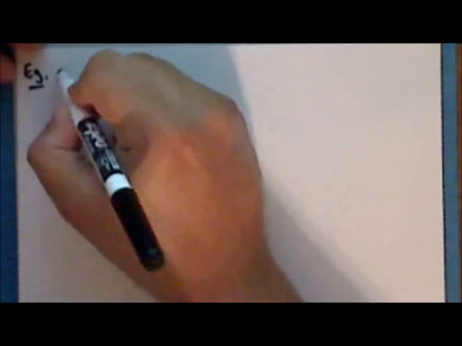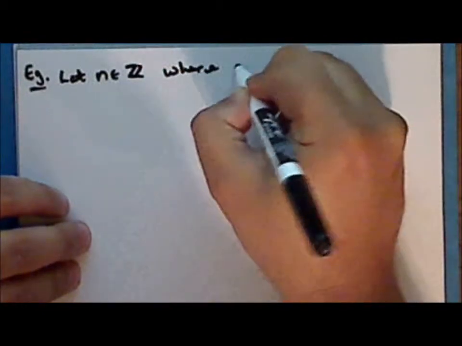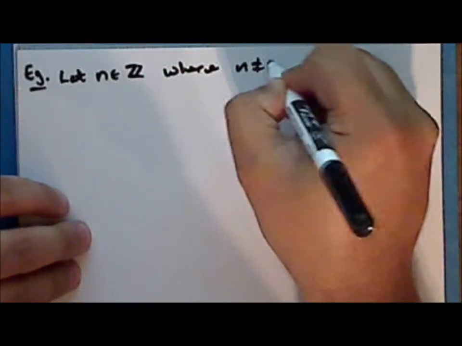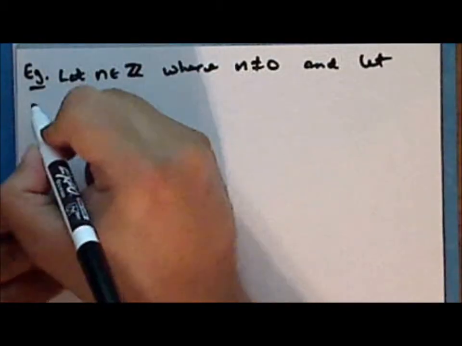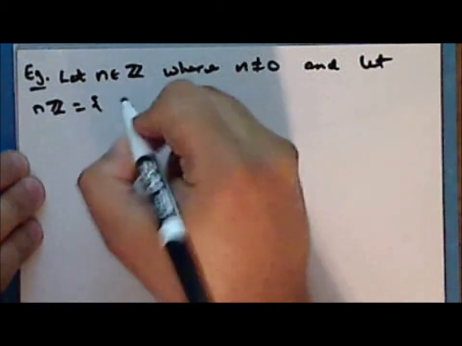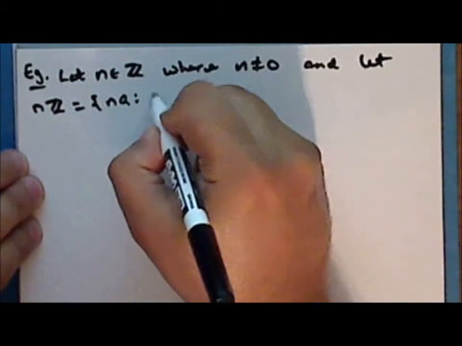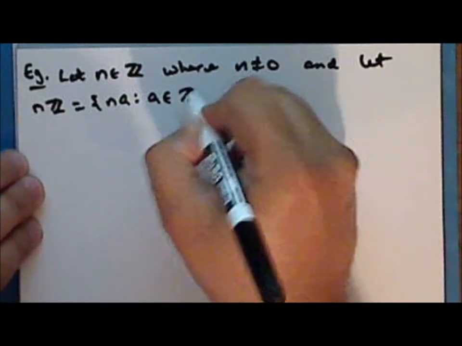So next, let n be a given integer not equal to 0, and let the set n times Z be the set of all integer multiples of the given integer n.